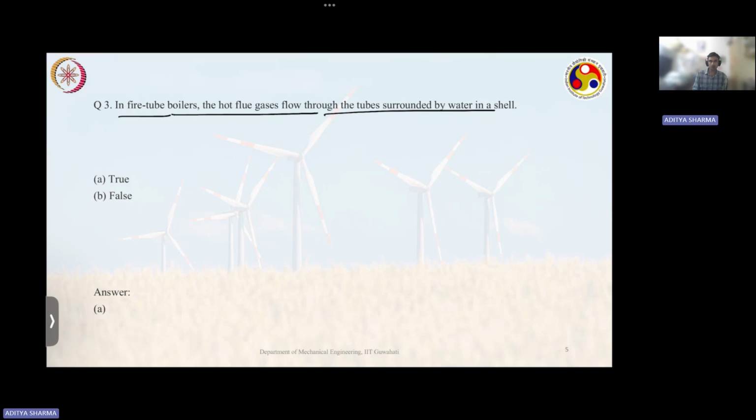But if you see your water tube boilers, the case is opposite, right? You have water flowing in tubes and your hot flue gases are surrounding it. So this is a correct statement. Question number 3.